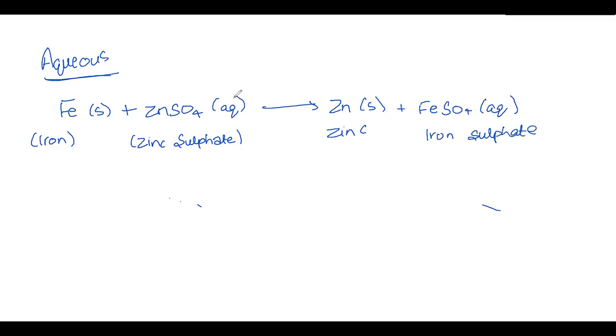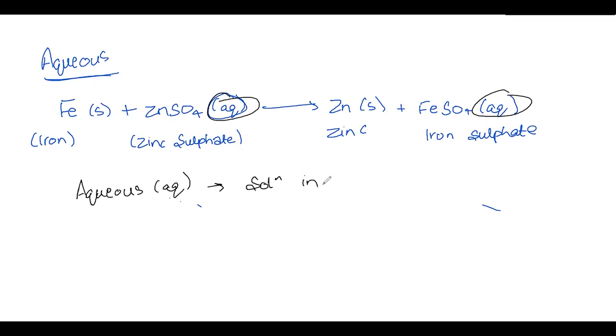Okay, now as we see aqueous over here and here, this aqueous, which is denoted by AQ, means solution in water. Whenever we write any equation, we never write liquid. So we have solid S, gas G, and aqueous AQ.